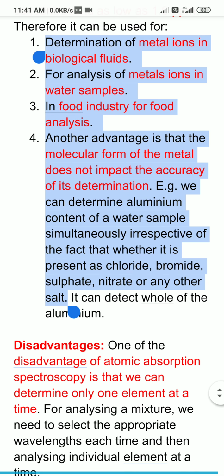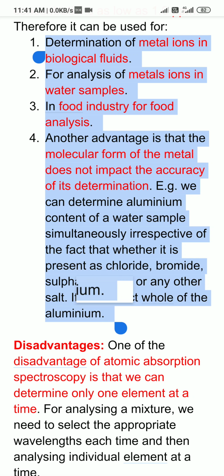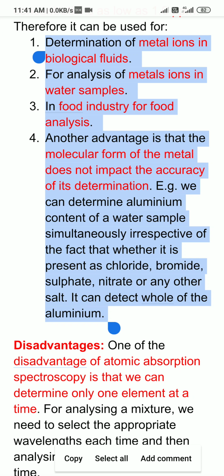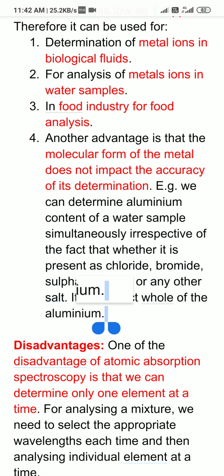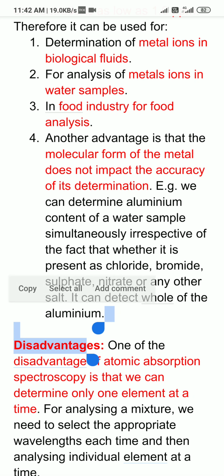Means all of the aluminum can be determined simultaneously. It will not be impacted by whether it is present in the form of chloride, bromide, sulfate, nitrate or any other salt. So these are the few advantages of atomic absorption spectroscopy.